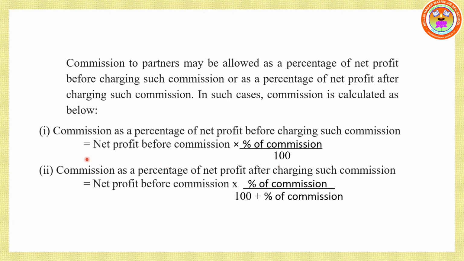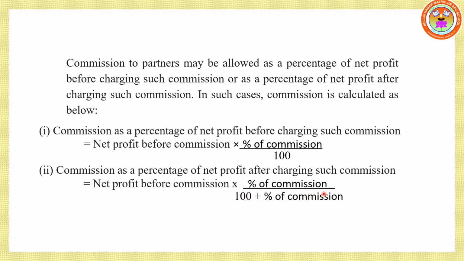If the words after charging such commission are given in the question, the following formula will be used: commission as a percentage of net profit after charging. Look at the words after charging such commission. In this situation, net profit before commission into percentage of commission divided by 100 plus percentage of commission.